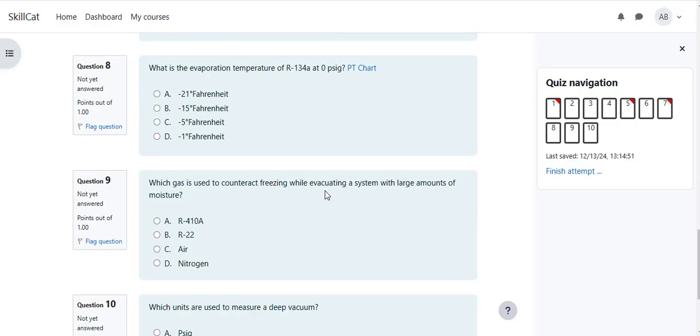What is the evaporation temperature of R134A at 0 psi?